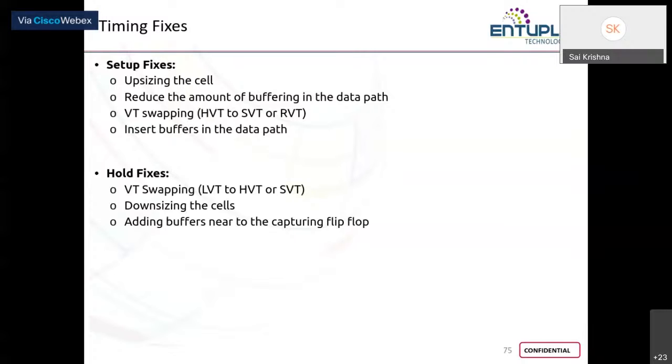All of these are the methods that you can implement to fix setup. Now when it comes to hold, it is just the reverse. To fix hold violations, you will have to downsize the cell. That means reduce the strength of the signal propagation so that your flip flop can capture it and then comfortably take it up.